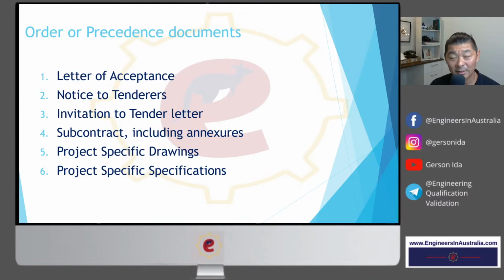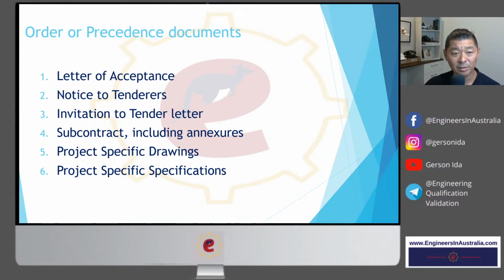So even though there is conflicting information between document number 1 and document number 5, because the letter of acceptance is at the top of the order of precedence, the information contained in the letter of acceptance is the one that is valid.